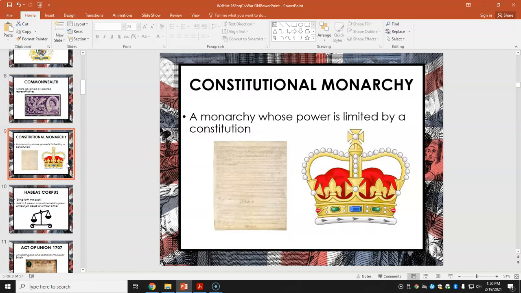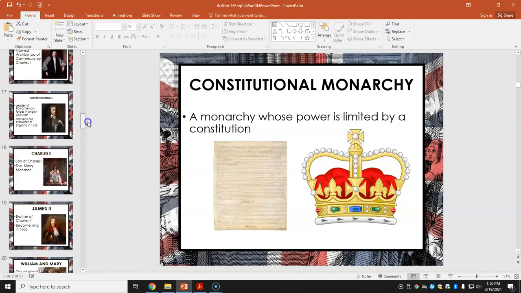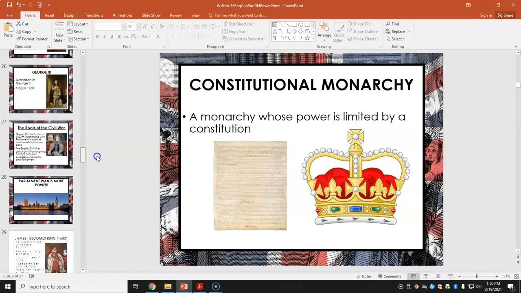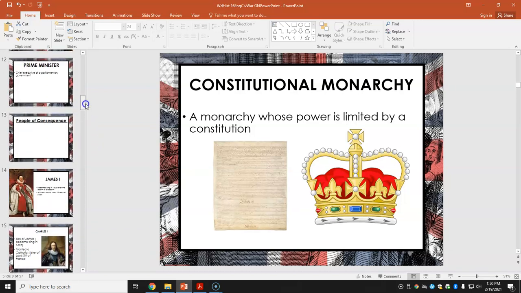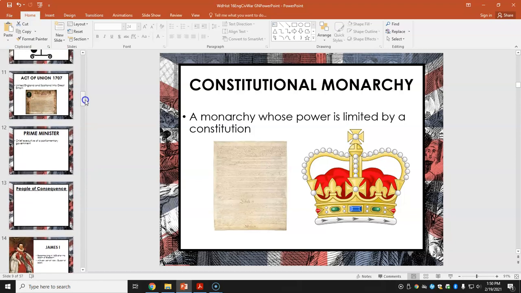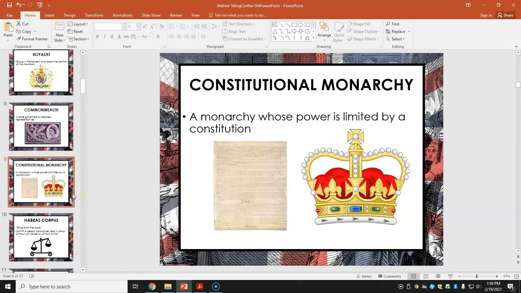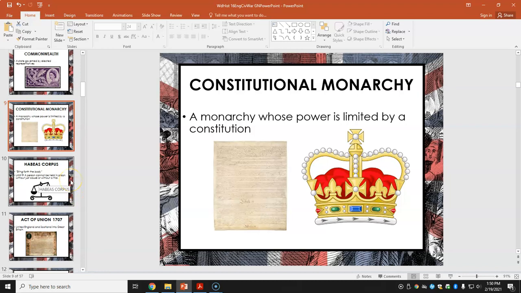Now, the thing that was unique around this point in time is they had a constitutional monarchy. This was kind of a big deal because that means that Britain had left this absolute rule, and they create a constitution which gives the people of Great Britain or England power as citizens.